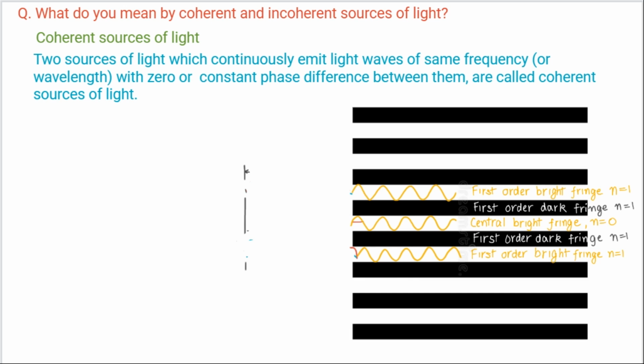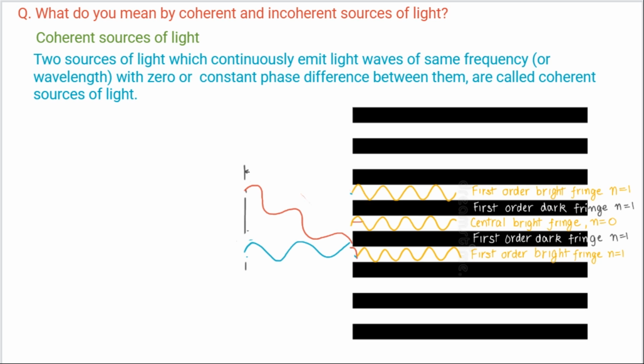Just check here. The wave coming has one, two, and half wavelength. Similarly, in this case, two complete wavelengths. So in this case also, the lights coming from slit S1 and S2 have the same frequency or the same wavelength, but they have a phase difference.